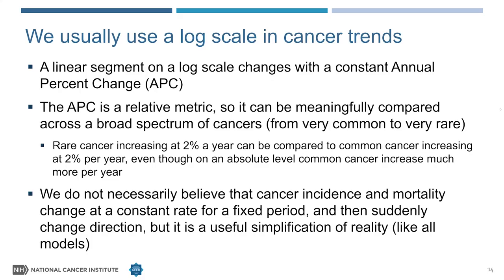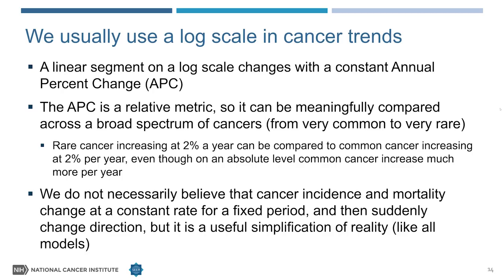In joint point, we usually use a log scale in cancer rates. An important feature of APC is that it is a relative metric, so it can be meaningfully compared across a broad spectrum of cancers, from very common to very rare.